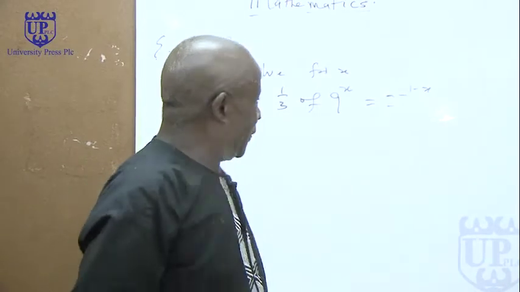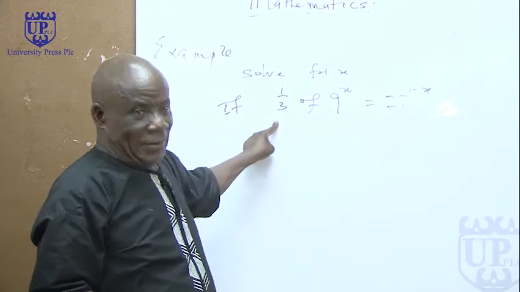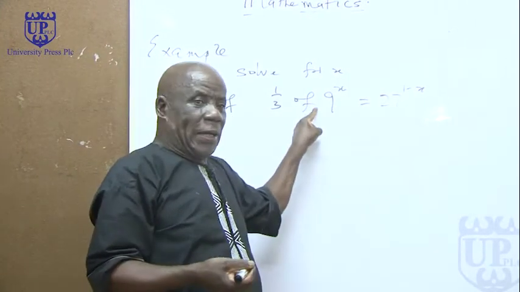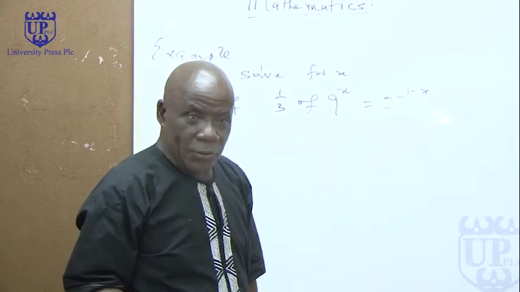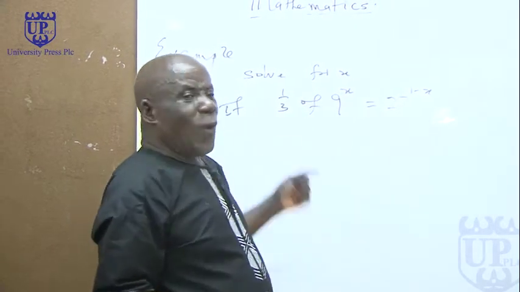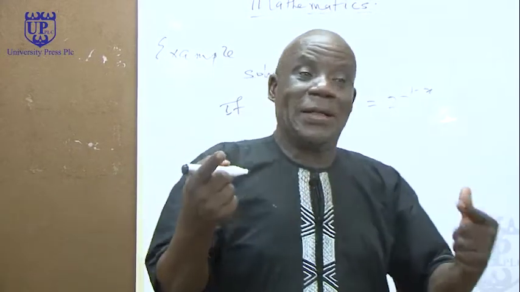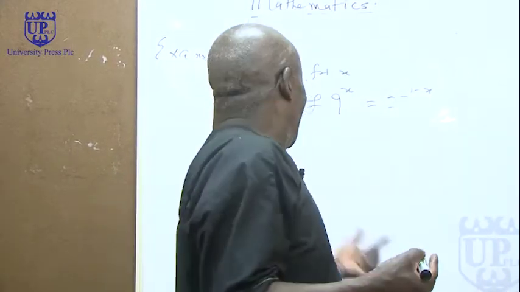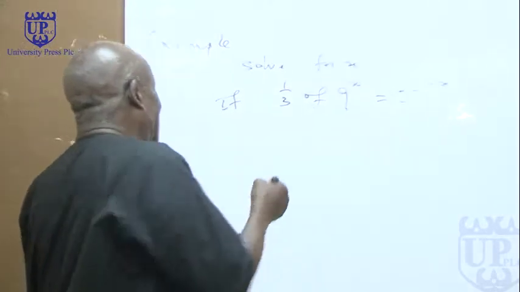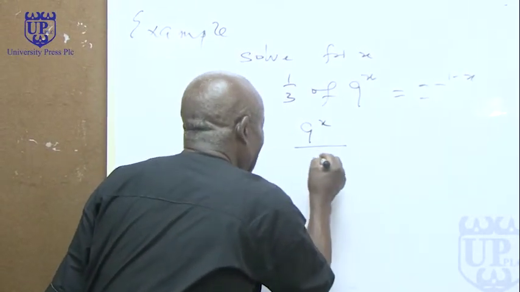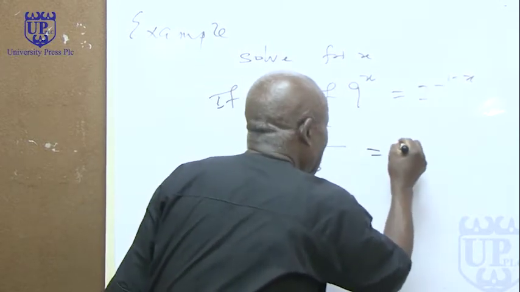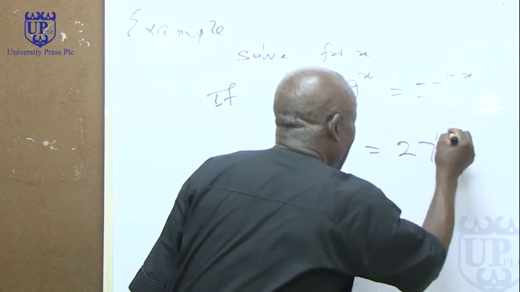My students, you are not permitted to say 3 here 1, 3 here 3. But 1/3 of a number is that number divided by 3. So instead of saying 1/3 of 9^x, you can say 9 raised to power x, everything divided by 3, equals 27 raised to power 1 minus x.